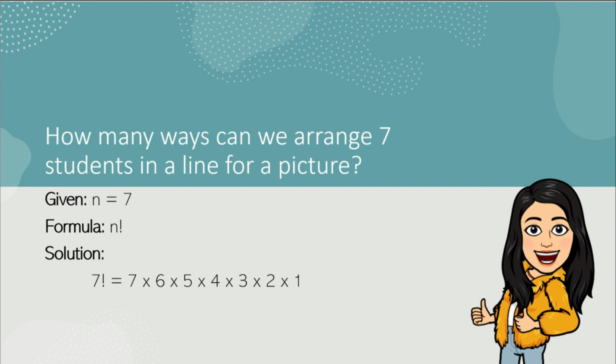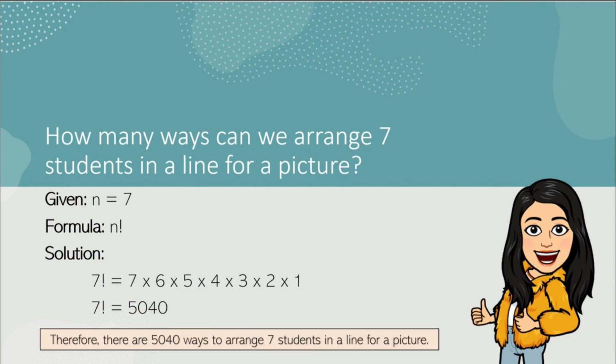And 7 factorial is equal to 7 times 6 times 5 times 4 times 3 times 2 times 1, which is equal to 5040. Therefore, there are 5040 ways to arrange 7 students in a line for a picture.